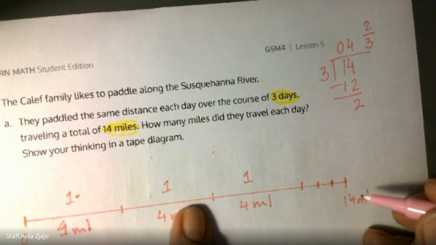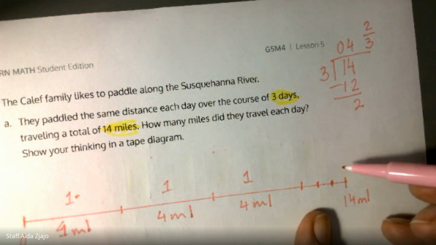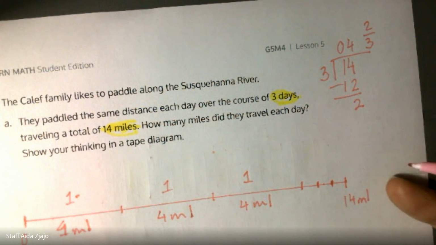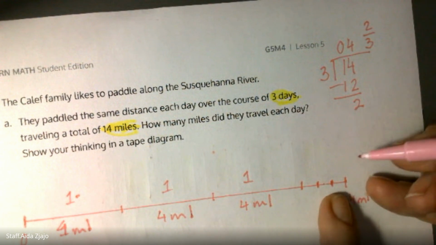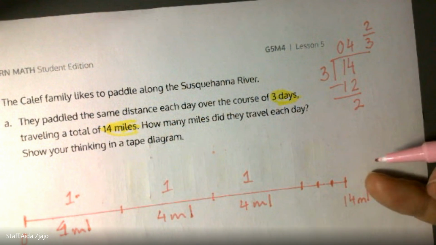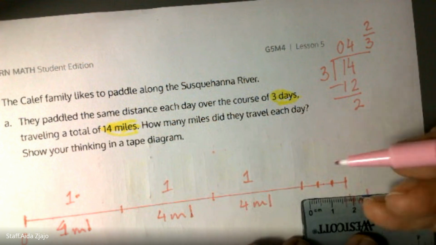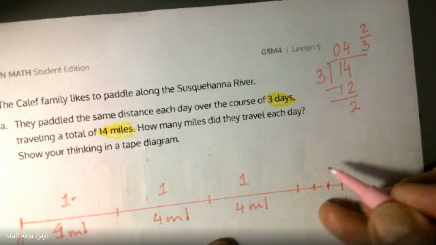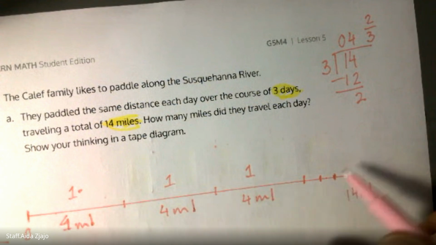But each day will get 2/3 of the leftover. So 2/3 are leftover. How are we gonna do this? So each will get 2/3 of the leftover. So each will get this little part that is part of the day.